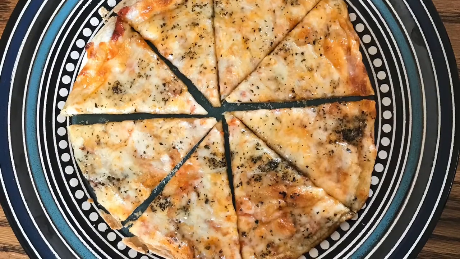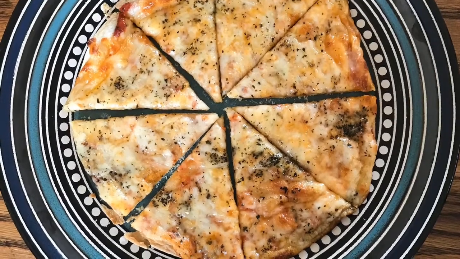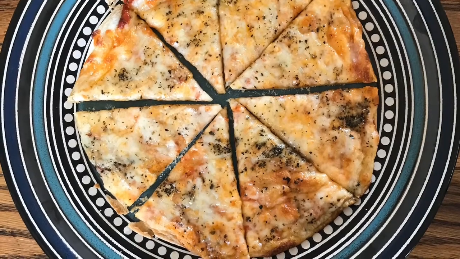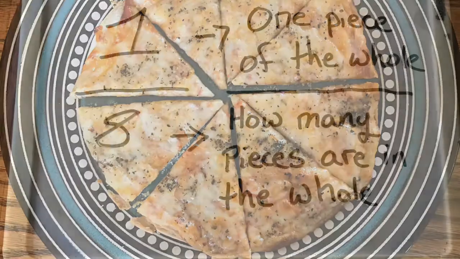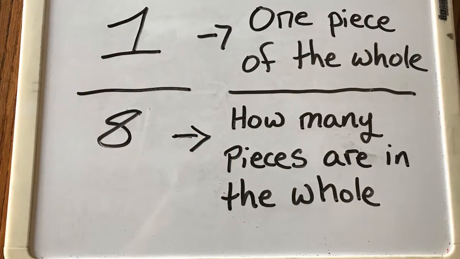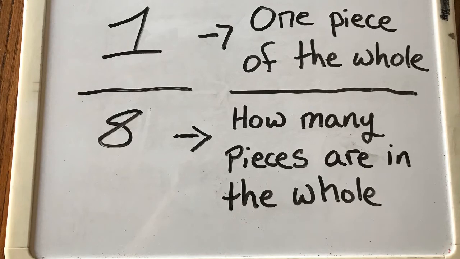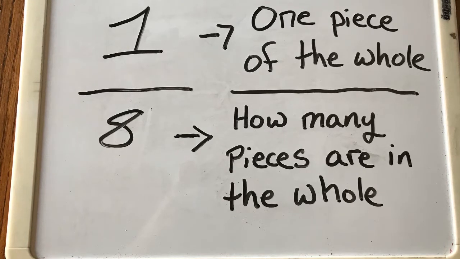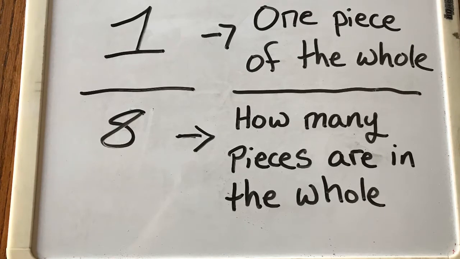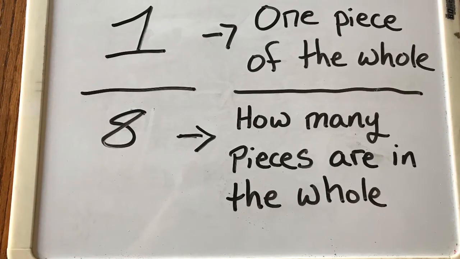Remember, the denominator tells how many pieces it takes to make one whole. Right now, it takes 8 pieces to make one whole, so you're going to have an 8 in the denominator spot and a 1 in the numerator spot, since we're naming 1 piece.